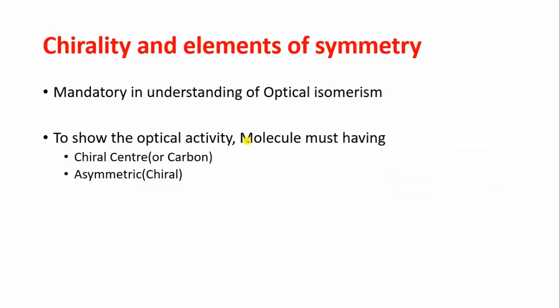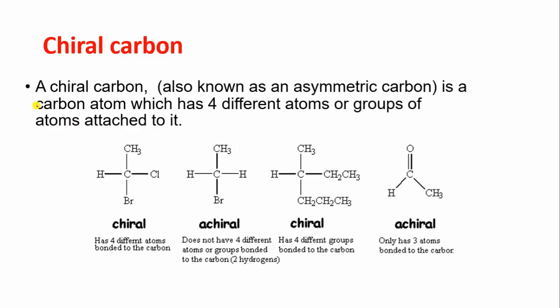To show optical activity, a molecule must have two criteria. First, it has a chiral center, and second, it must be asymmetric. First, we learn the chiral center. What is a chiral center or chiral carbon?